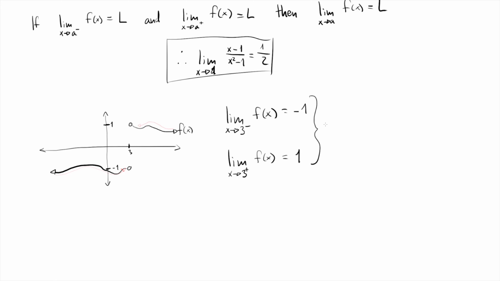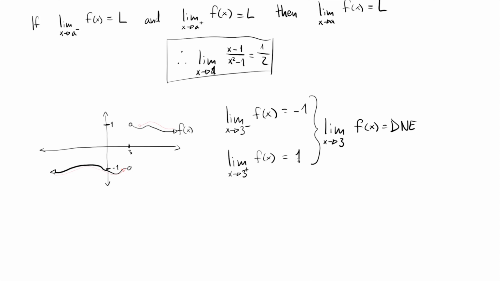But if we ask ourselves the general question, what is the limit as x approaches 3, just 3, okay? What is that limit? Well, that limit of f of x just doesn't exist, right? Because again, from the left and from the right, we get two different numbers.